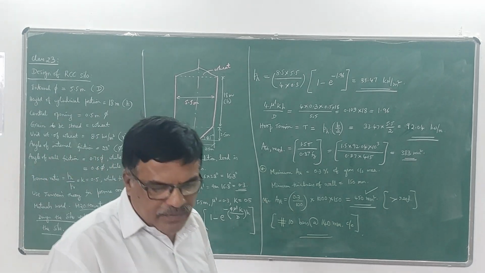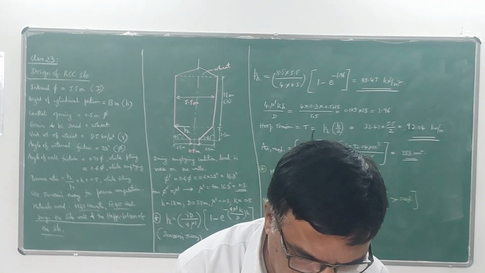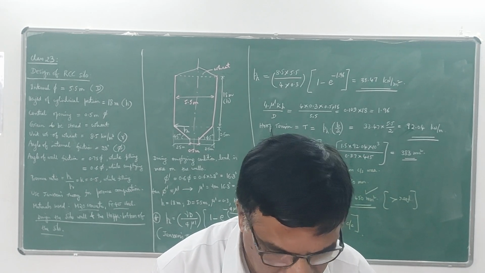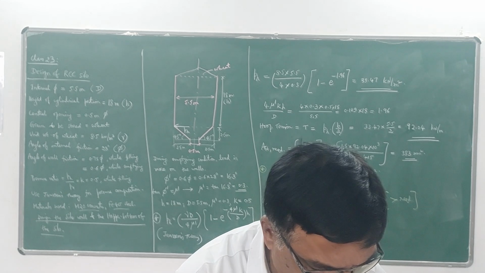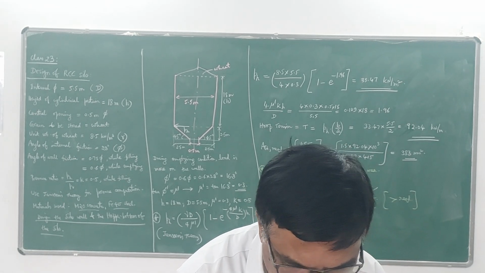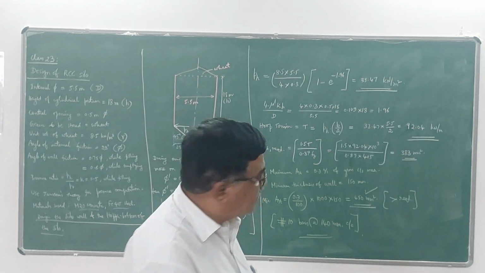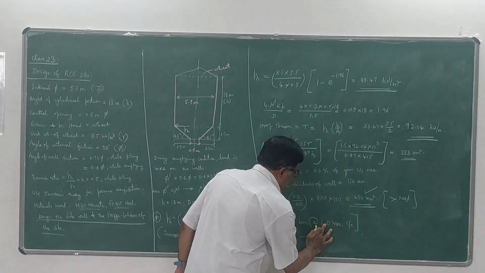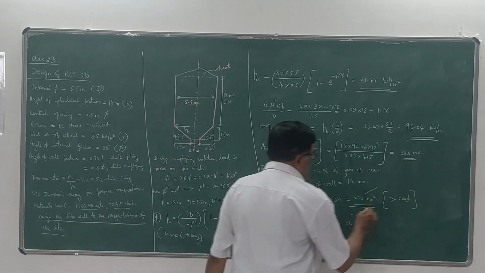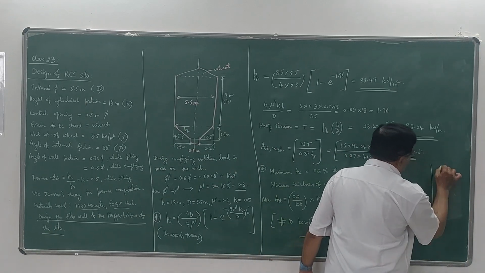So that is the vertical reinforcement which is provided in the wall. So that means you are going to provide the reinforcement, not 140, it is 170. So the sketch will be something like this. This is the wall.